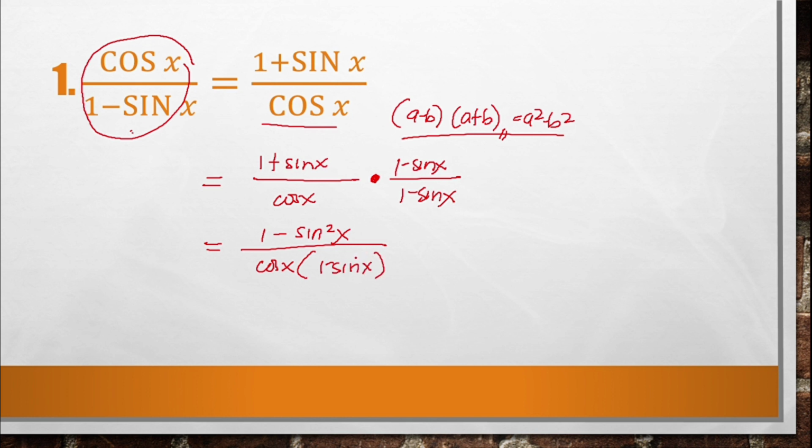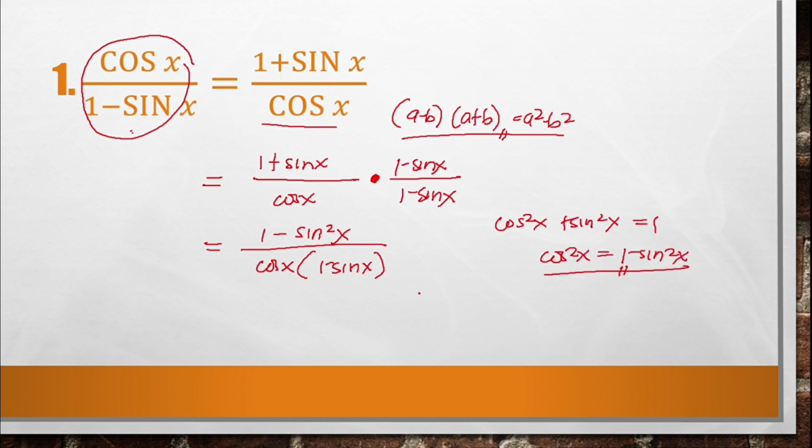So that's it. If we're going to rewrite this one, so this is an identity, so still we could have this one as cos squared x plus sine squared x is equal to 1. So therefore cos squared x is equal to 1 minus sine squared x.